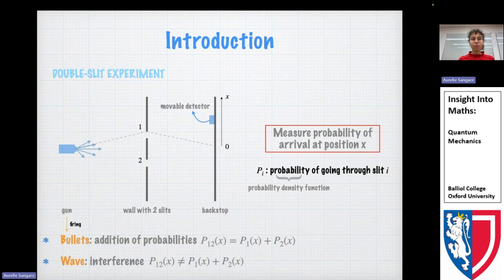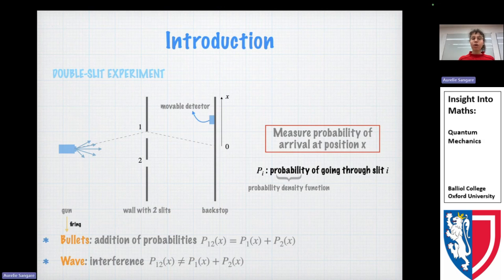So the double slit experiment, you have a gun which fires some object. So you can choose the object that your gun is firing. A bit further away, you have a wall with two slits, which we label 1 and 2. And even further away, you have a backstop, which is just a wall that prevents the further progression of the objects fired by your gun.